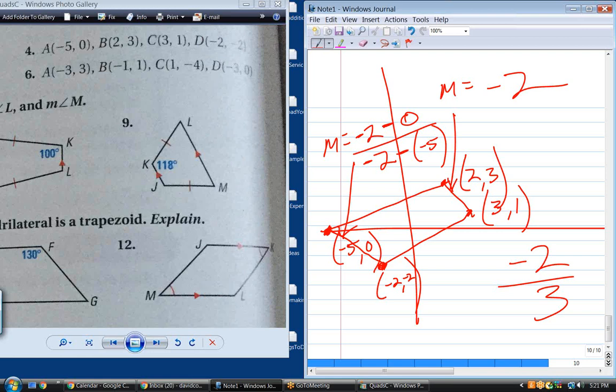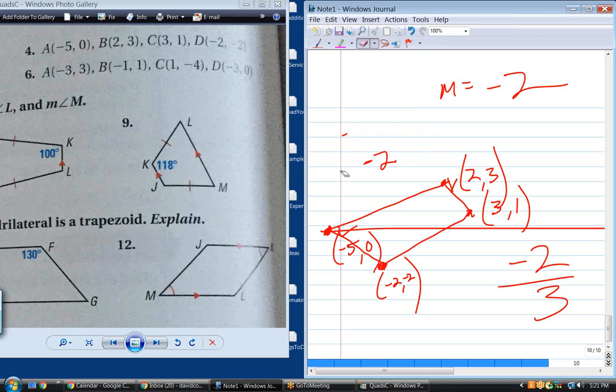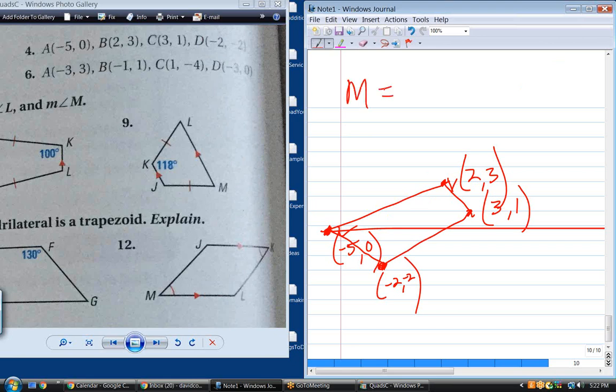So the slope of this line is not the same as the slope of this line. So it's not a trapezoid because of that, but we've got the other two sides to examine. Now we have to figure out what the slope of this line is and what the slope of this line is. What's the slope of the top line?